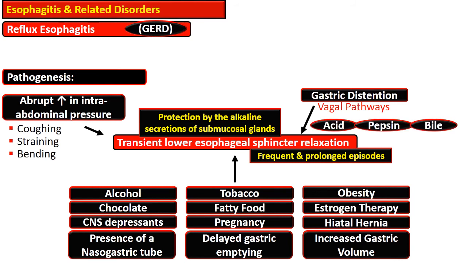The risk factors or associations with reflux esophagitis are alcohol and tobacco use, obesity, chocolate, fatty food, estrogen therapy, use of CNS depressants, pregnancy, hiatal hernia, presence of a nasogastric tube, delayed gastric emptying, and increased gastric volume.